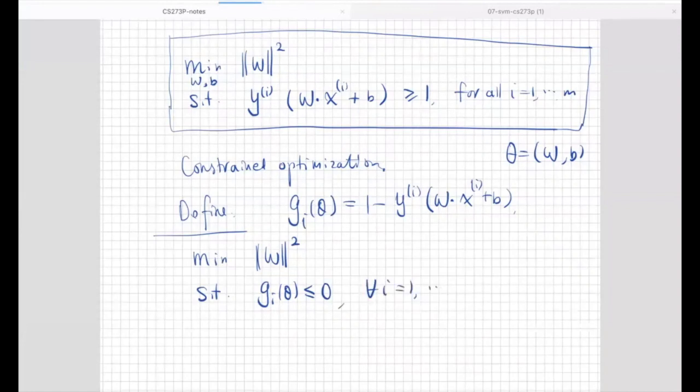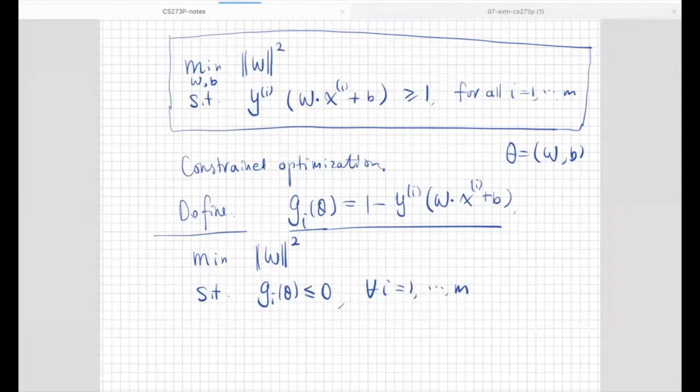You still have m constraints here, but I'm going to simplify the notation and only focus on gi of theta. What I've done so far is just a change of notation. I define gi of theta to be this quantity, but otherwise the problem stays the same.